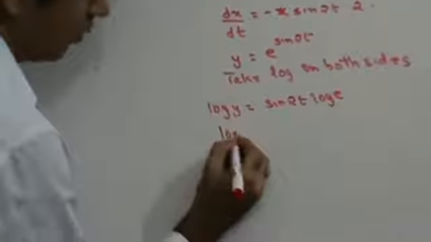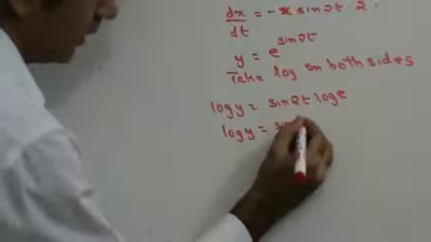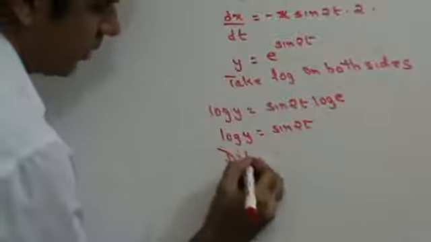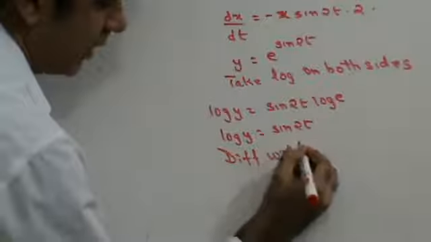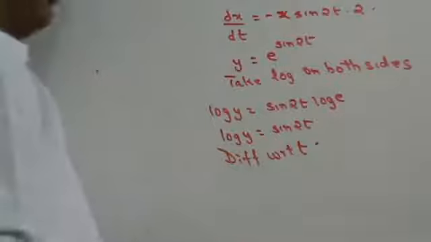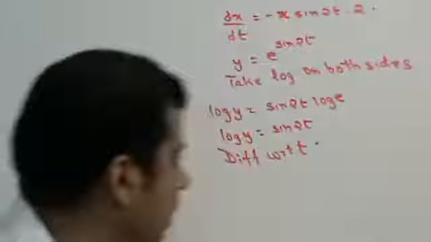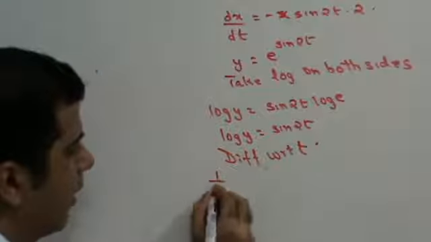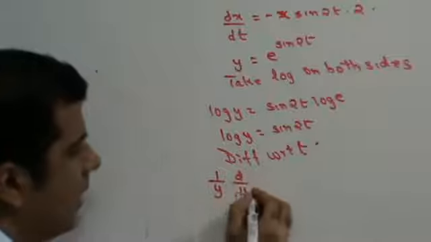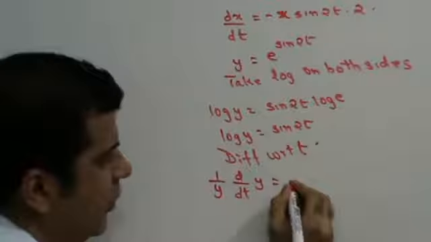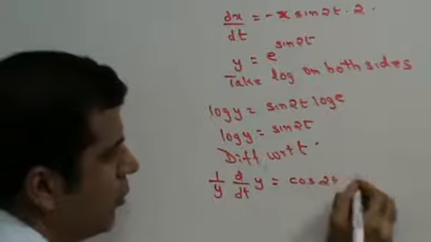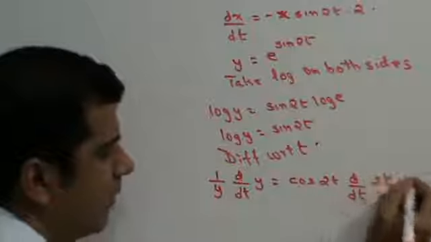We know that the value of log e is 1. So sin 2t. Differentiate with respect to t. If I differentiate with respect to t, this is going to be 1 upon y d by dt of y, sin u is cos u d by dt of 2t.